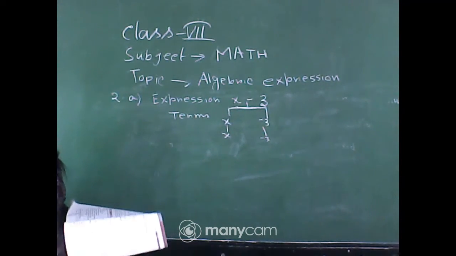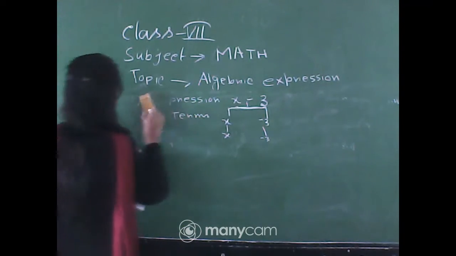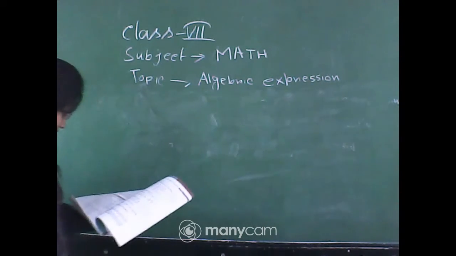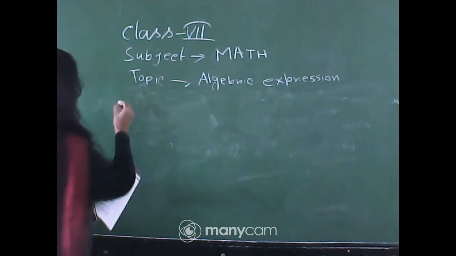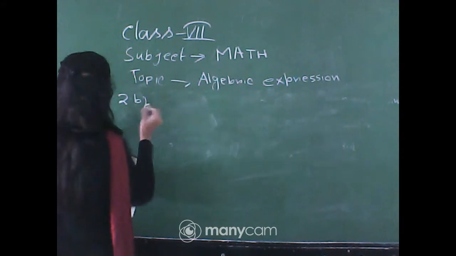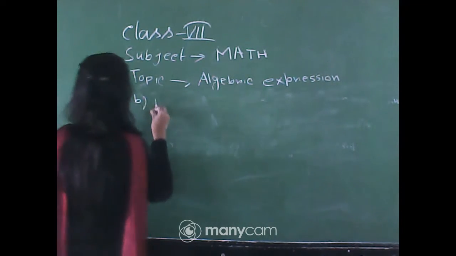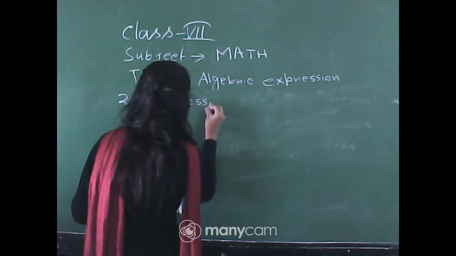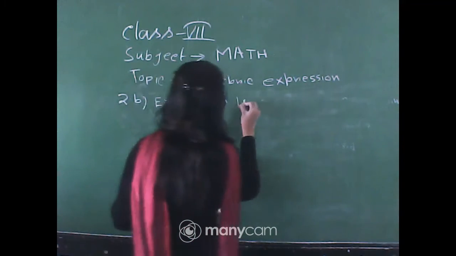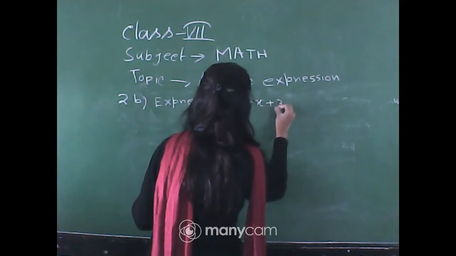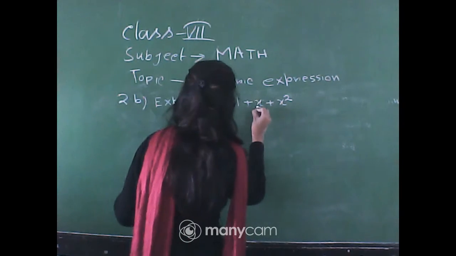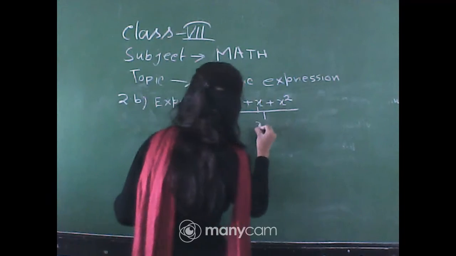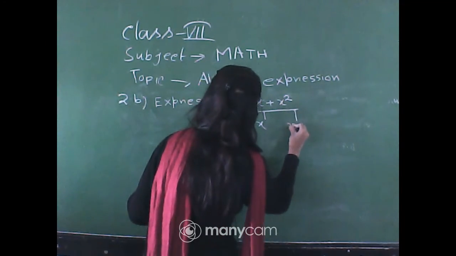Next question 2b. Here the algebraic expression is 1 plus x square. Terms are 1 and x square.